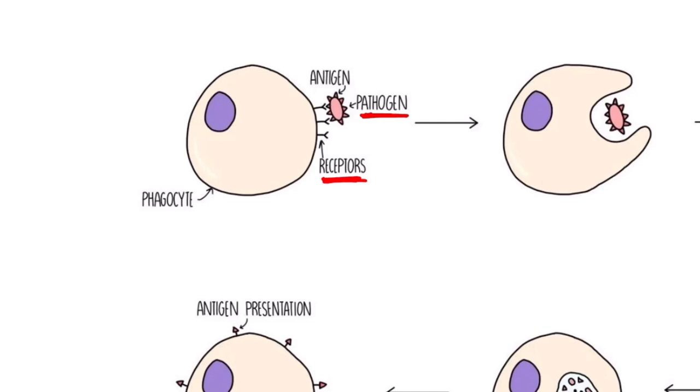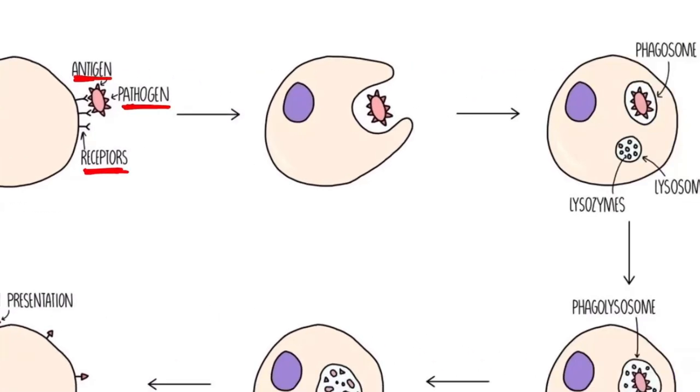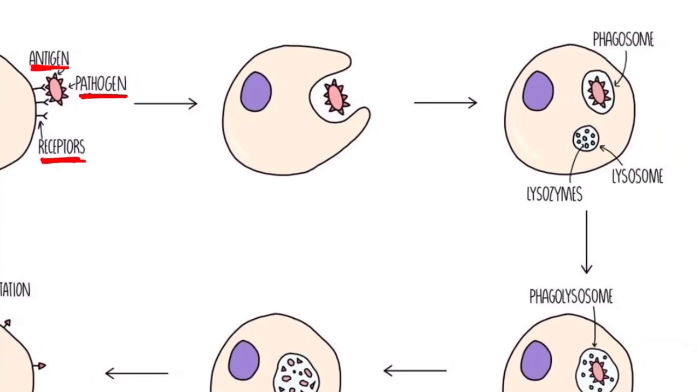The pathogen releases some sort of chemicals that attract the phagocyte, and then the phagocyte binds through its receptors to the antigens on the pathogen. That causes the phagocyte to engulf the pathogen. As you can see, the phagocyte is engulfing the pathogen.